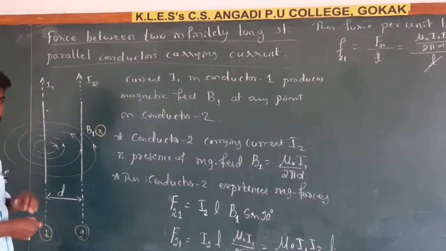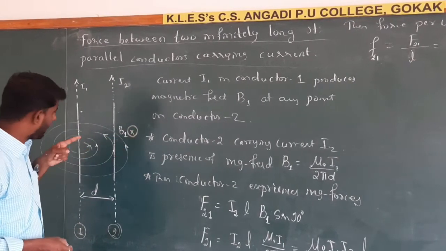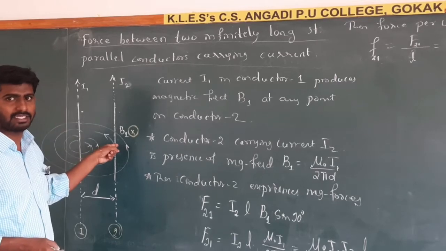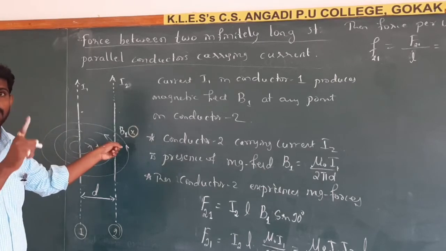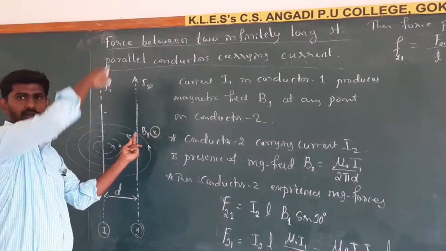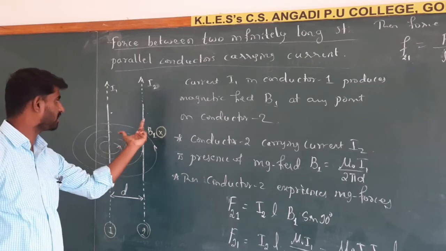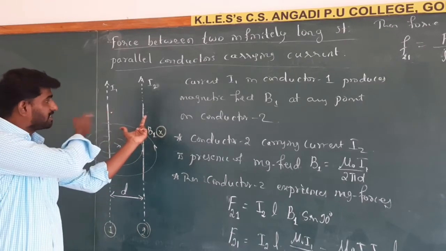Okay, so let's check. Now the magnetic field on conductor number 2 is directing inward. The cross mark is indicating it is directing inward, right? What about the current? I should indicate by the middle finger. So this is the direction of current, upward. What about the thumb? Thumb indicating direction of force. Which direction is my thumb now? It is towards that conductor.